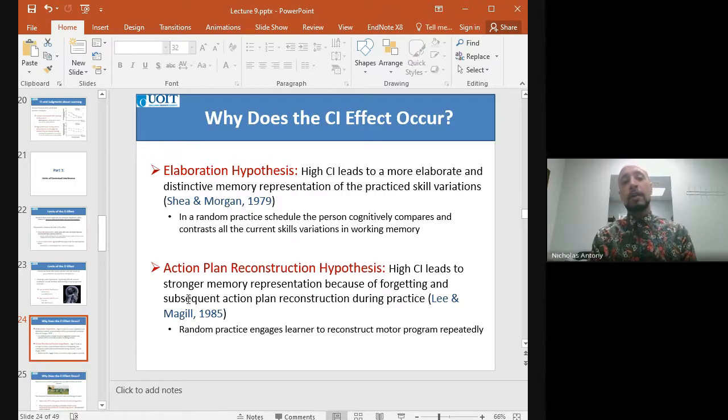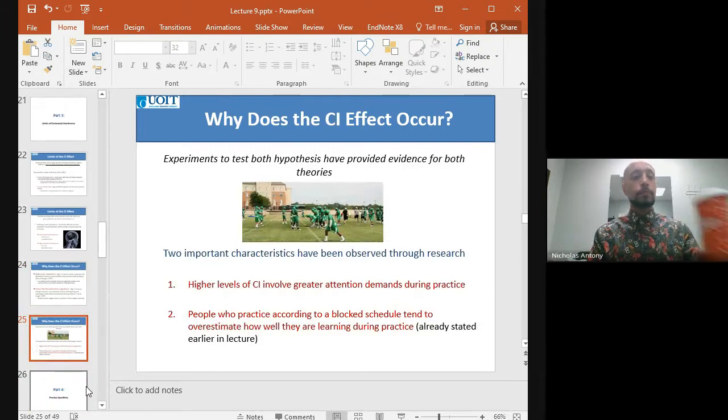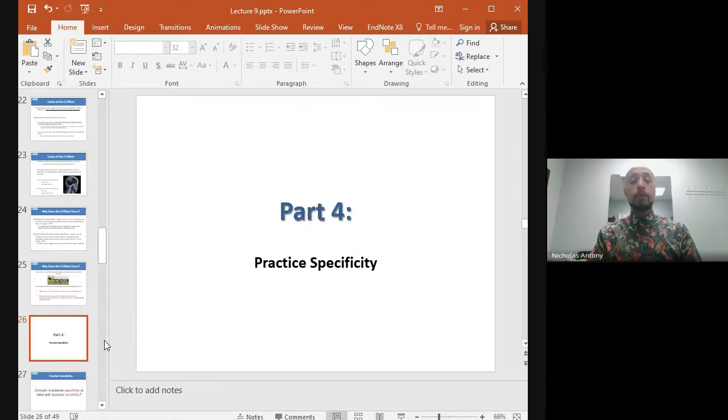And this is the cognitive thing where we've talked about that by problem solving and by doing variations of this skill, you are better able to complete that motor skill under varying conditions because you've practiced those variations or you've practiced the problem solving ability. And this is just reiterating that fact. Any questions, anyone?